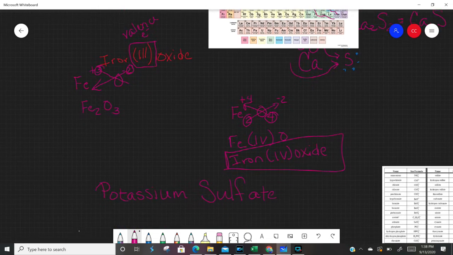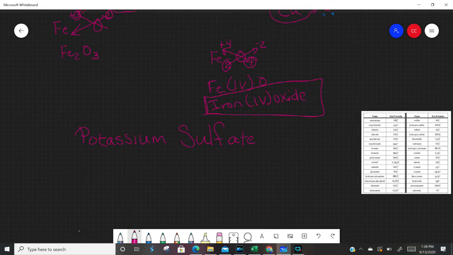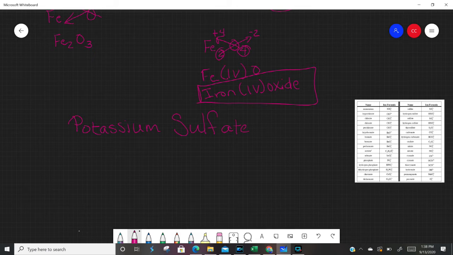Okay, and the last thing we need to talk about are the polyatomics. A polyatomic means that it is more than one type of atom acting like one ion.